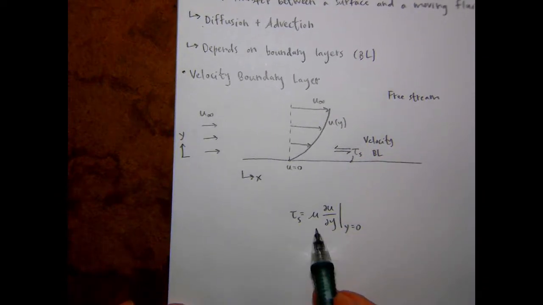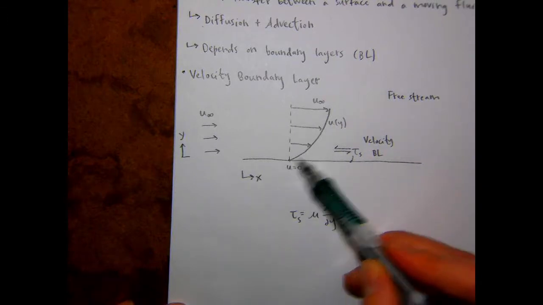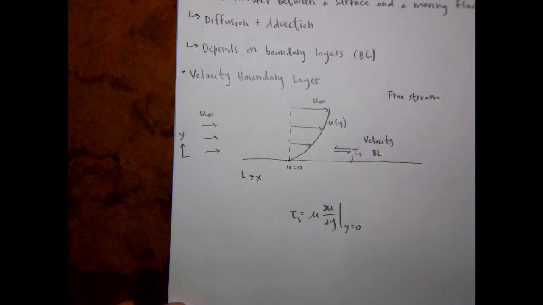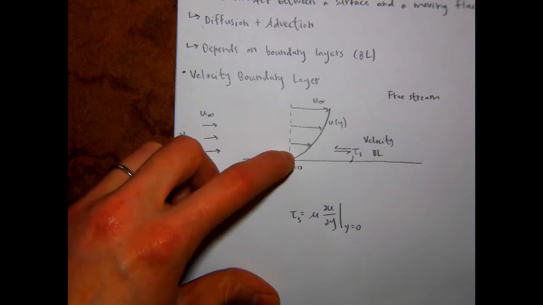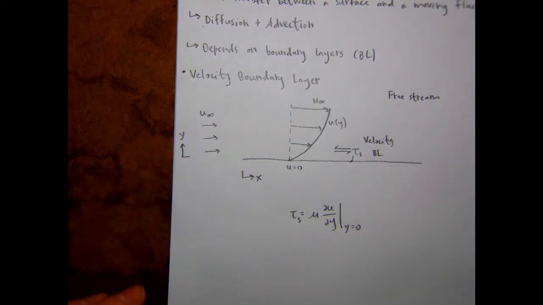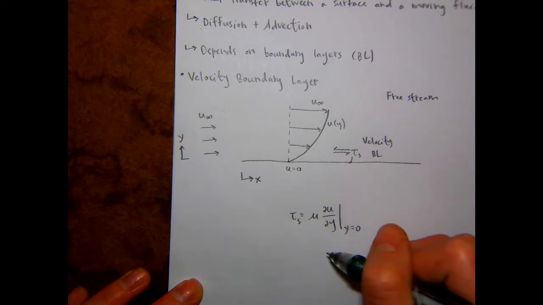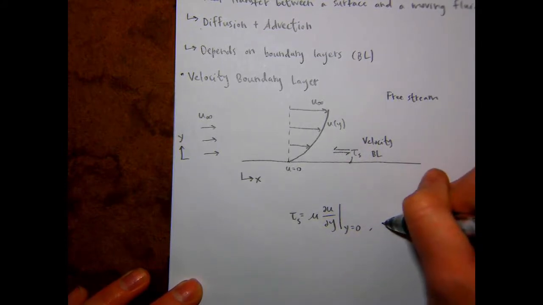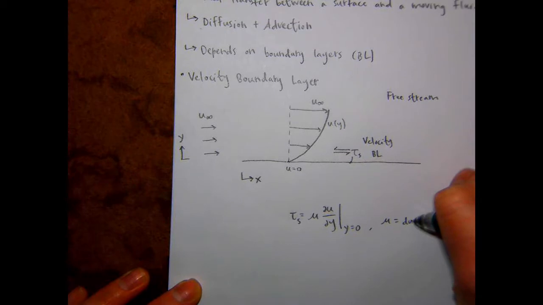So viscosity times the gradient du dy, how the velocity is changing in the y direction at y equals 0, so at the surface. And this mu is dynamic viscosity.